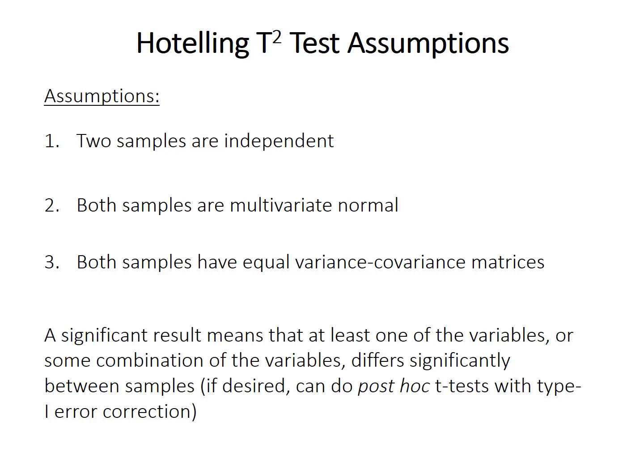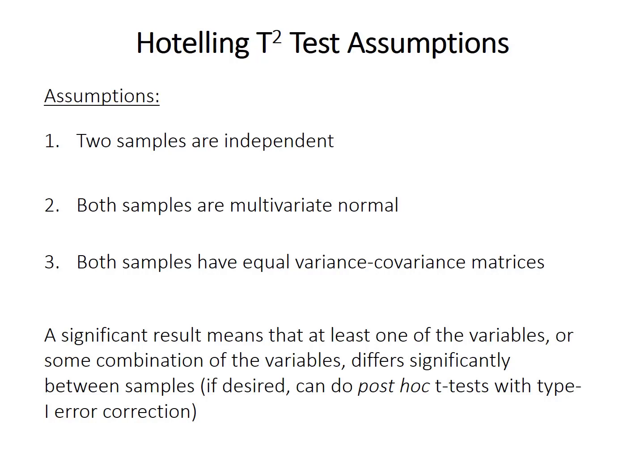If you do get a significant result, that means that at least one variable or some combination of the variables differs significantly. It really means that their multivariate mean differs significantly. So it's actually possible that no single variable has a significant difference, but there could be some significant effect when you're looking at them all together.